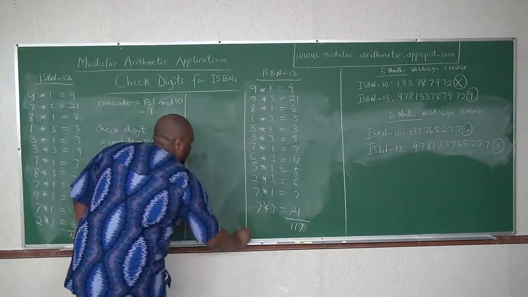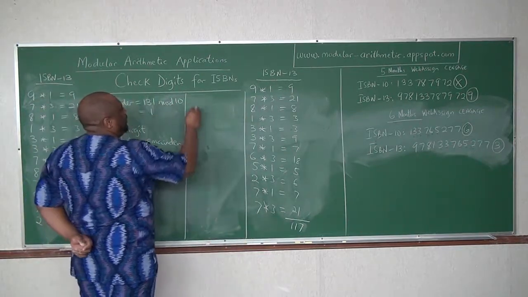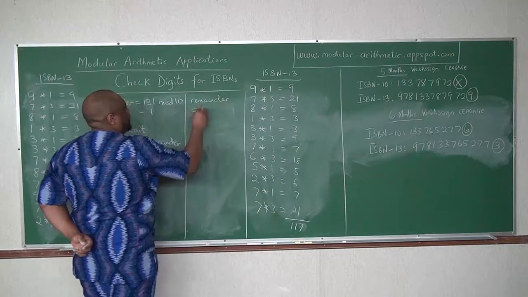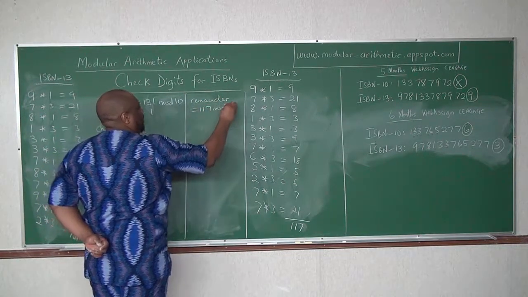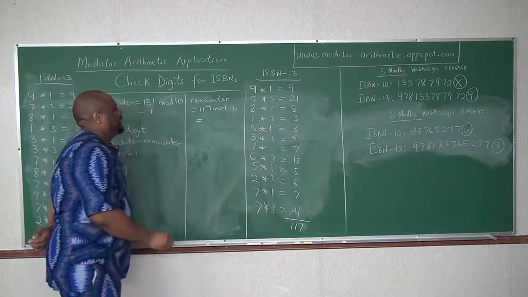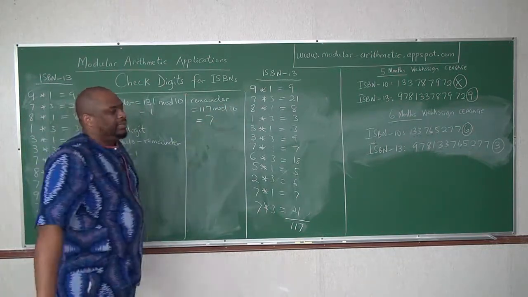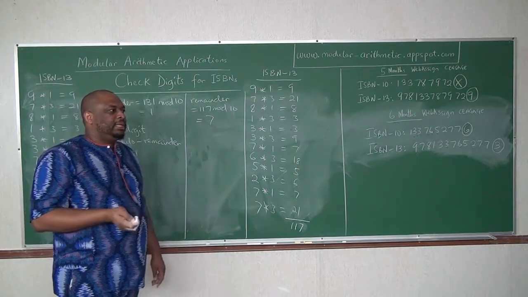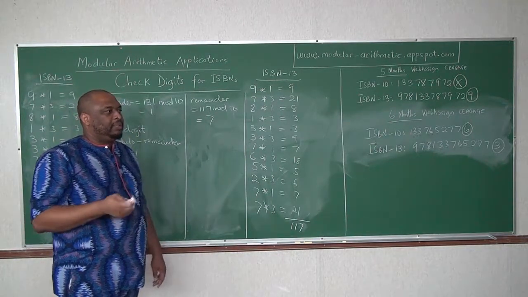So we now have the remainder. The remainder is 117 mod 10, which is of course 7, because 11 times 10 is 110, and 117 minus 110 is 7.